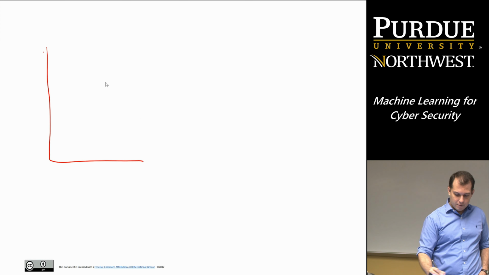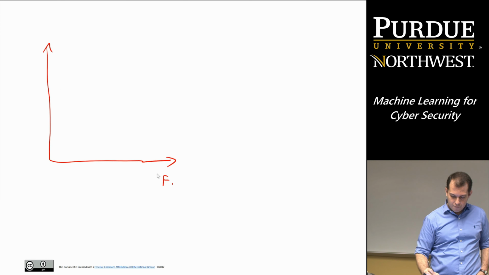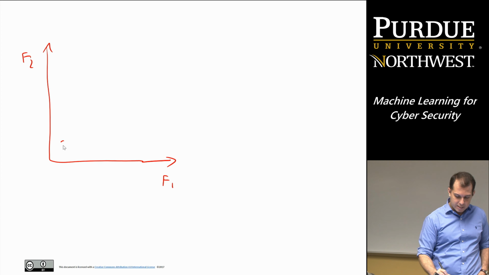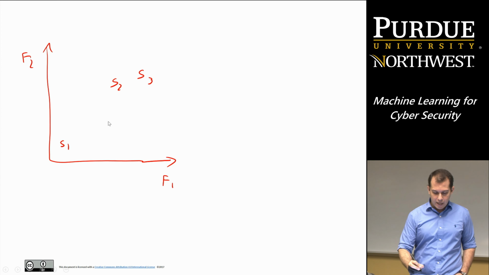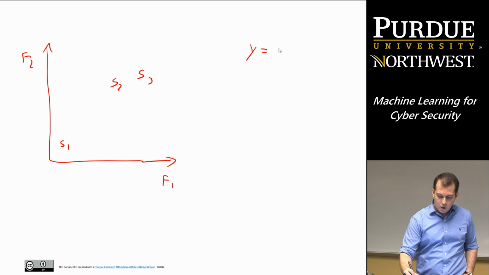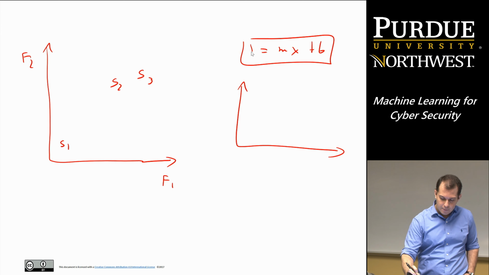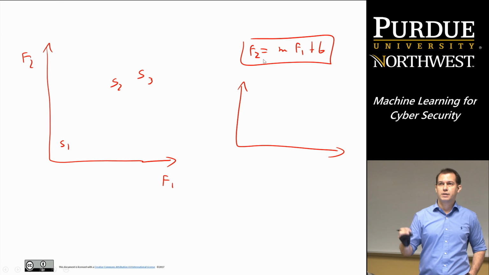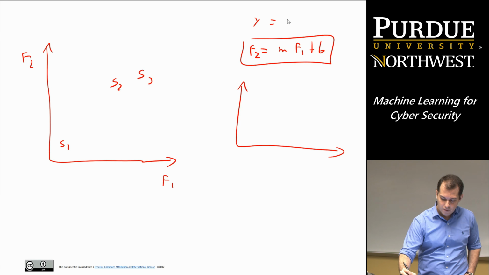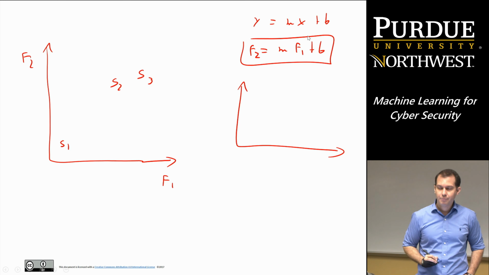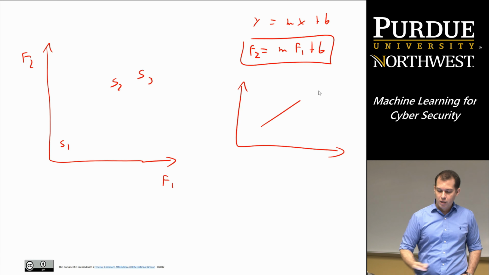I have F1, F2, and my samples, S1, S2, S3. Additionally, we know mx + b, this little equation, in a Cartesian plane. This allows me to draw a line.